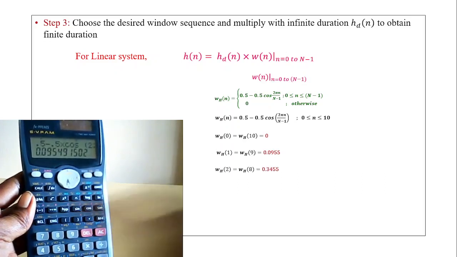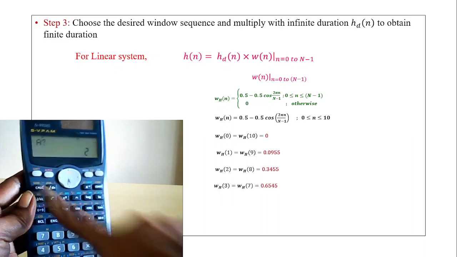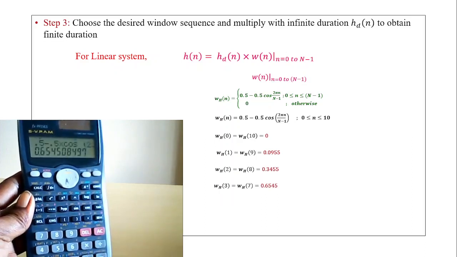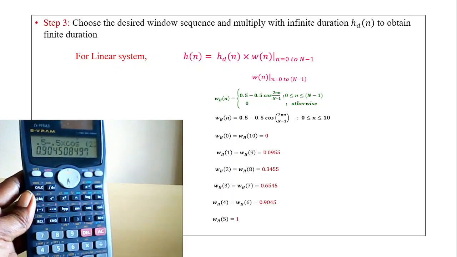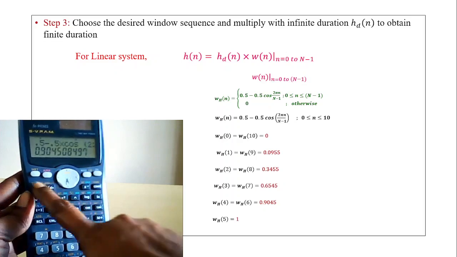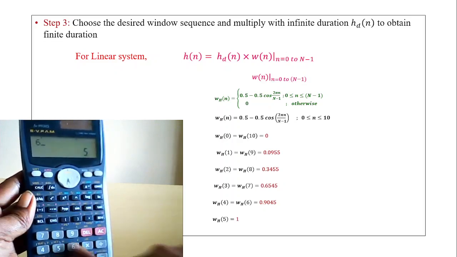0.0955. Calculate 2. The value is 0.345. Calculate 3. It is 0.6545. Calculate 4. It is 0.9045. Calculate 5. It is 1. Calculate 6.